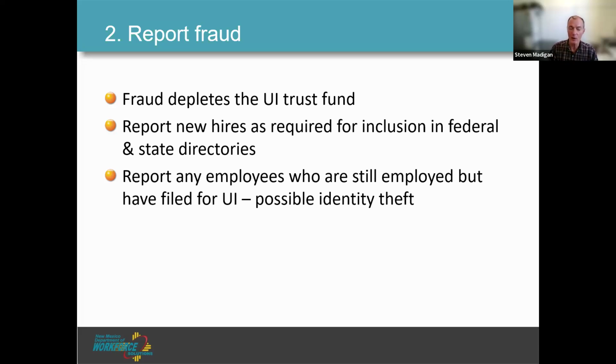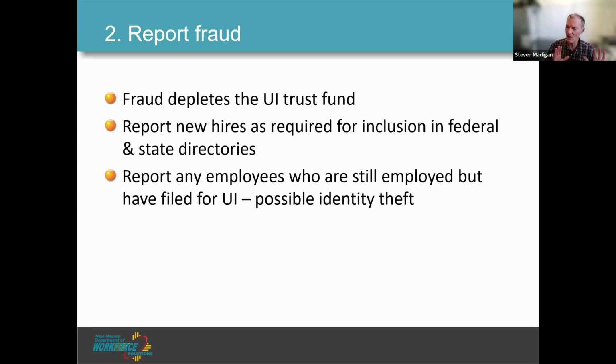And then the final bullet point here, reporting any employees who are still employed but have filed for unemployment insurance. And that was something we actually saw quite a bit of during the pandemic. So there are instances of identity theft. The person whose name and social security number are being used is typically unaware of it.